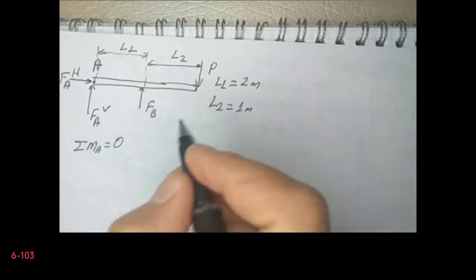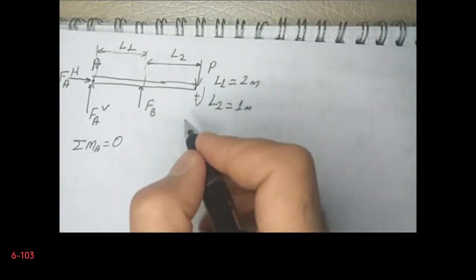We can take any direction as positive, so let's say that the clockwise direction is positive, therefore P multiplied by L1 plus L2 minus FB multiplied by L1 is equal to 0.